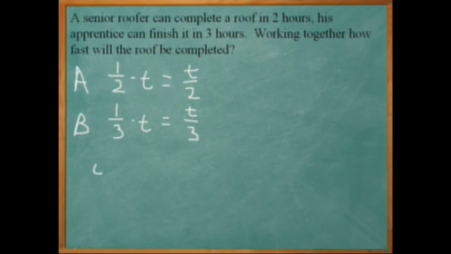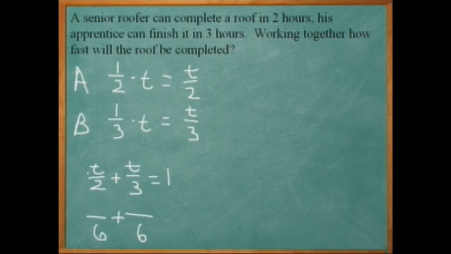Now if you add those together, that's going to be equal to 1 complete job, so equal to 1. Now we see we're adding 2 fractions here. Remember, when we add fractions, we need a common denominator. A common denominator between 2 and 3 can be 6.